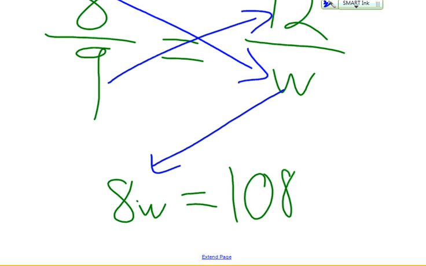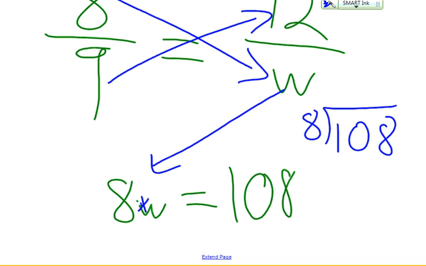If you don't believe me, check your work. But now we're left with a very doable equation: 8w, which is the same as 8 times w, equals 108. So in the end, we're going to take 108 and divide by 8.